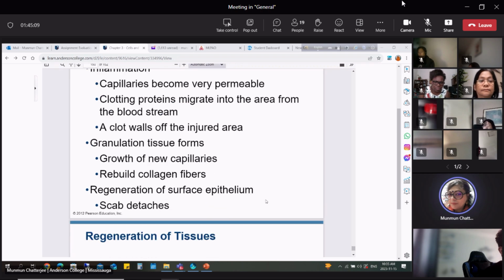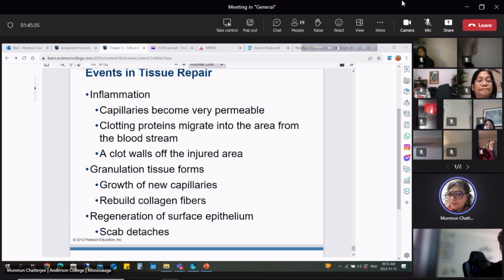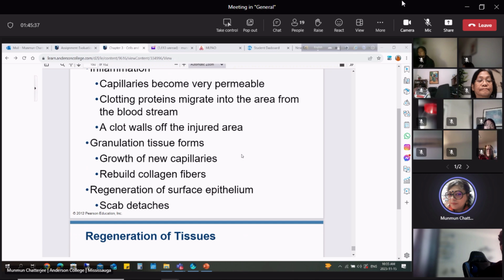Then the granulation tissue forms. What is granulation? In the injured area, new capillaries form. They rebuild the collagen fibers, and then the next step is regeneration of the surface epithelium and the scab. If there is a cut, what happens? At the first stage you find it red, you feel the inflammation, itchy or something, and then it gets a little bit blackish.